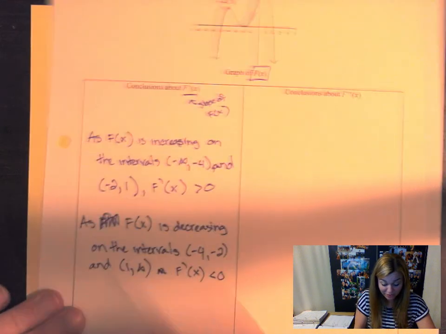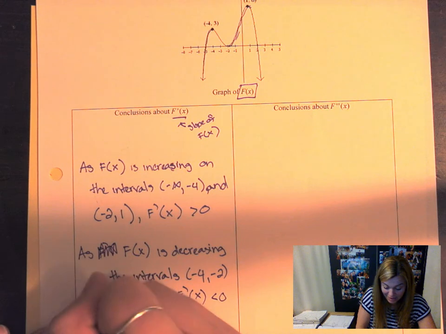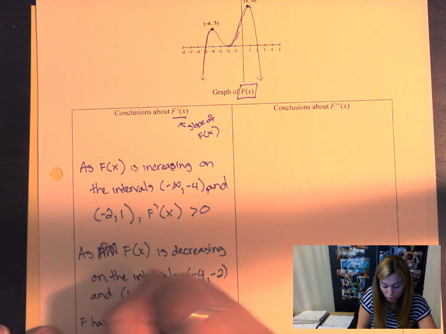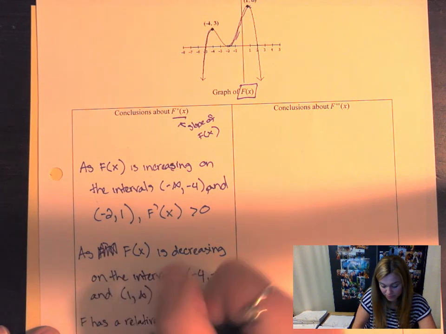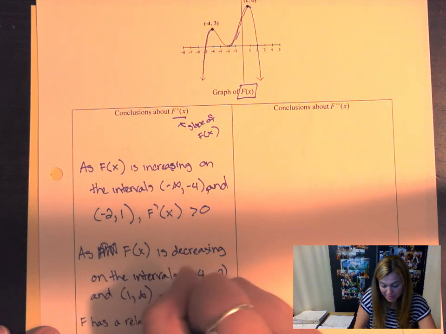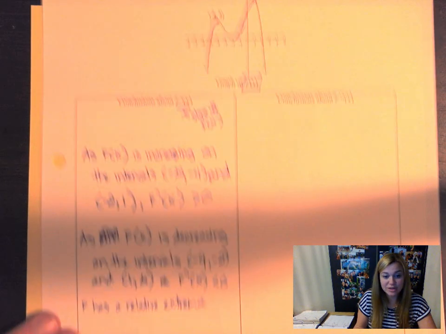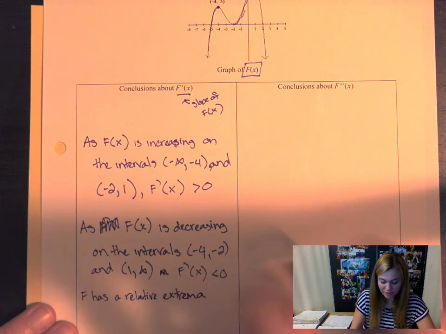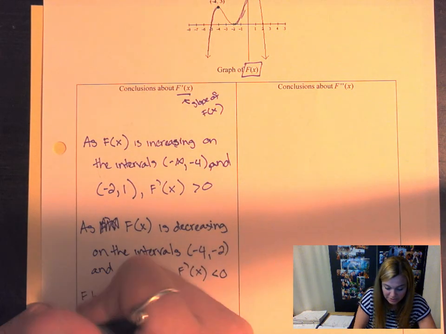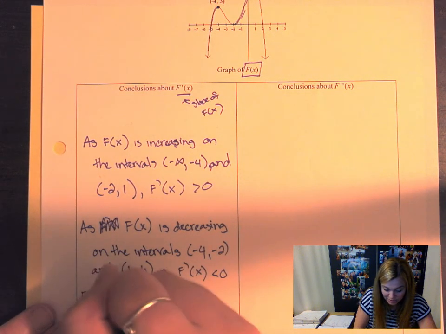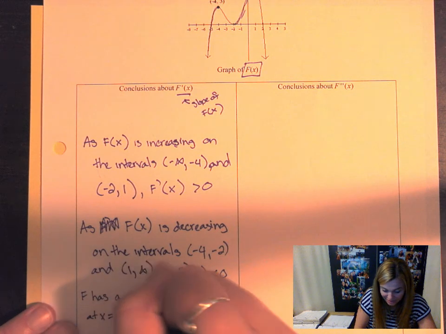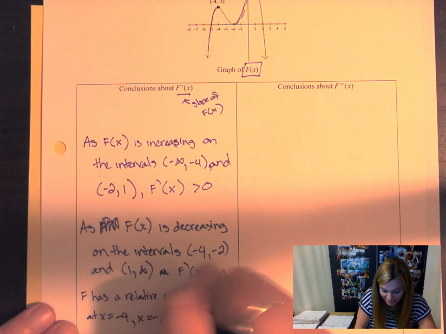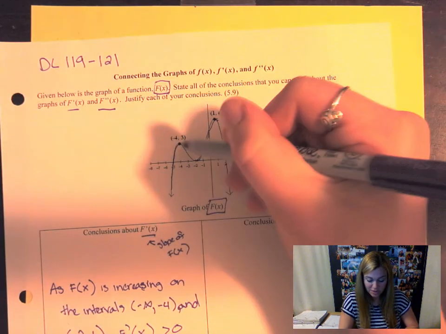I can also find some things. I can say f has relative extrema, or I could say local extrema. Extrema meaning mins or maxes. You could say extremes, but extrema sounds super fancy. F has relative extrema at x equals negative 4, x equals negative 2, and x equals 1. So here, here, and here.